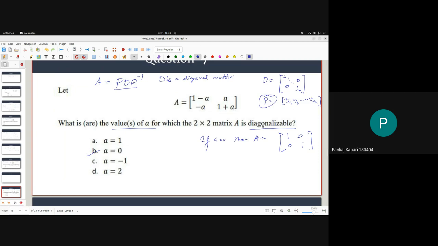But this problem can be done directly also. Another way, let's find the eigenvalues of this matrix.